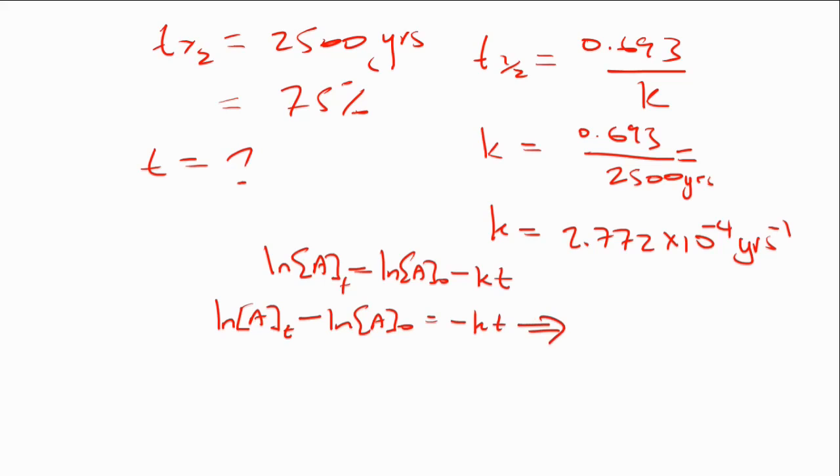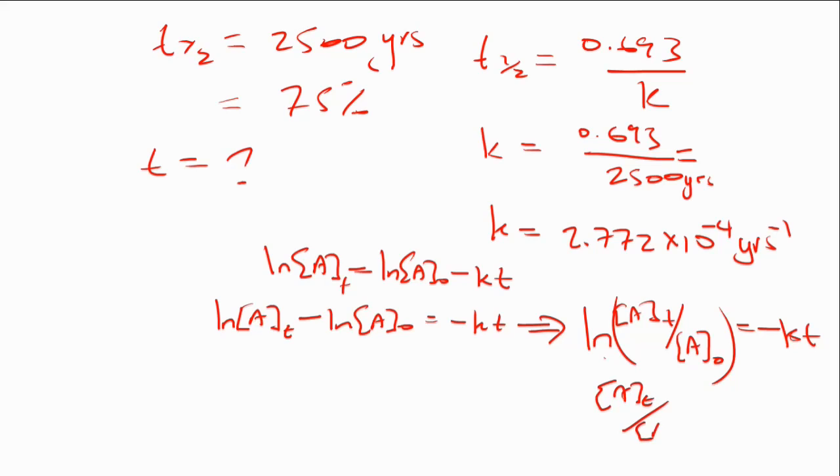So I could write this one like this: ln of A t over A naught is equal to minus kt. The opposite of ln, natural log, is exponential. So I could write A t over A naught is equal to the exponential of that. So this expression down here is what we will use.